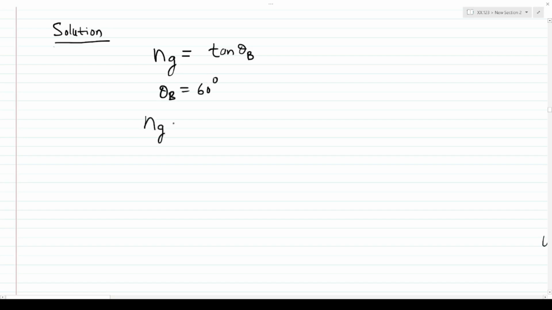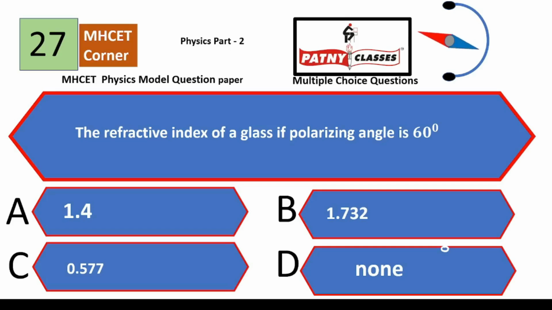Therefore, refractive index of glass equals tan 60, which equals 1.732. Therefore, refractive index of the glass is 1.732. Therefore, the correct option is B. So we lock option B.